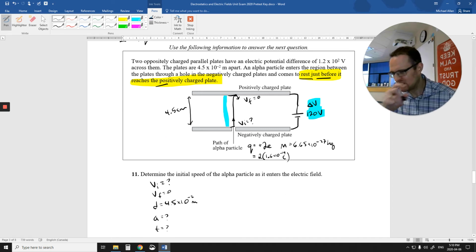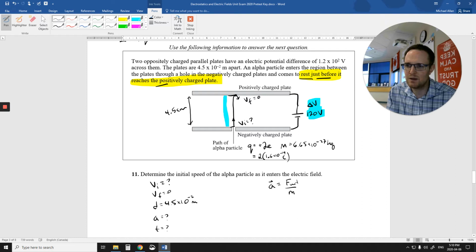So we need to find the acceleration. To find acceleration or time, I think finding the acceleration might be easier. Acceleration is equal to F net divided by mass, because I know the mass, 6.65 times 10 to the negative 27. I just need to know the F net. Because these are alpha particles, gravity could probably be ignored in this situation.